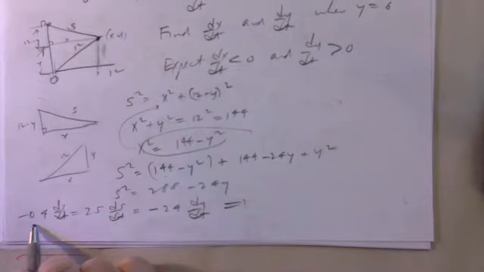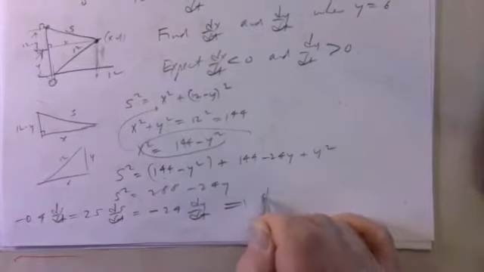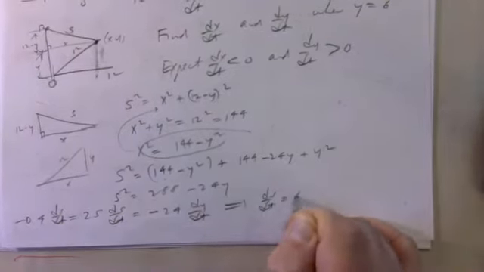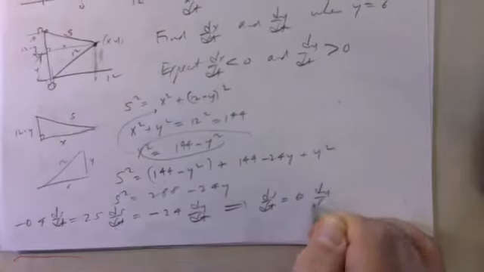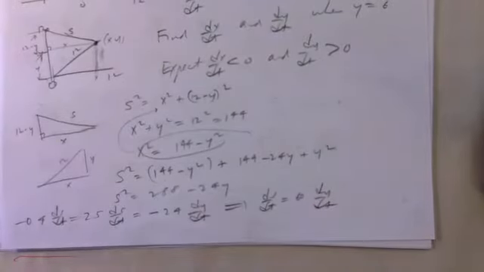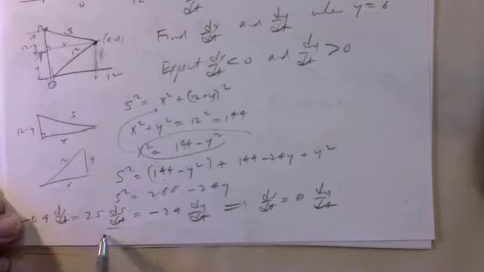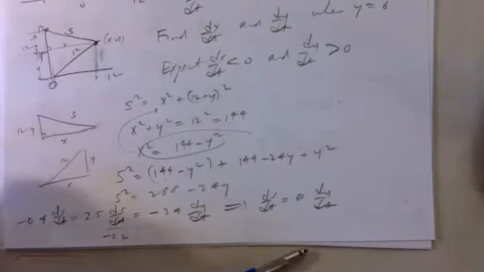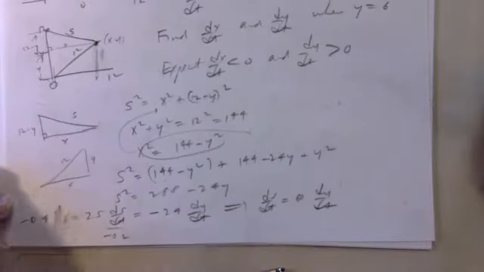So if we divide by 0.4, sorry, it's ds/dt, which is minus 0.2. So this is minus 0.4.